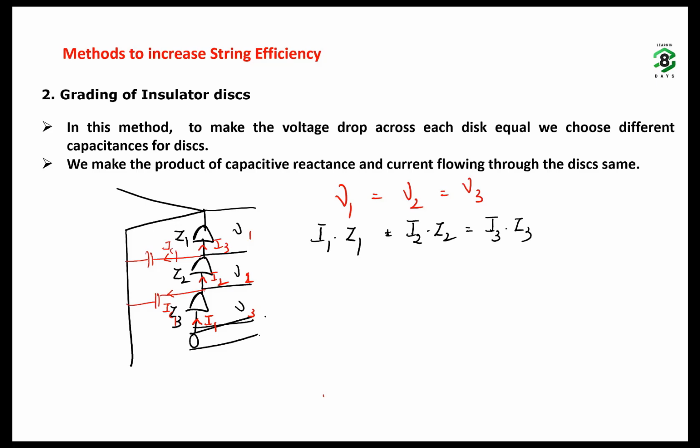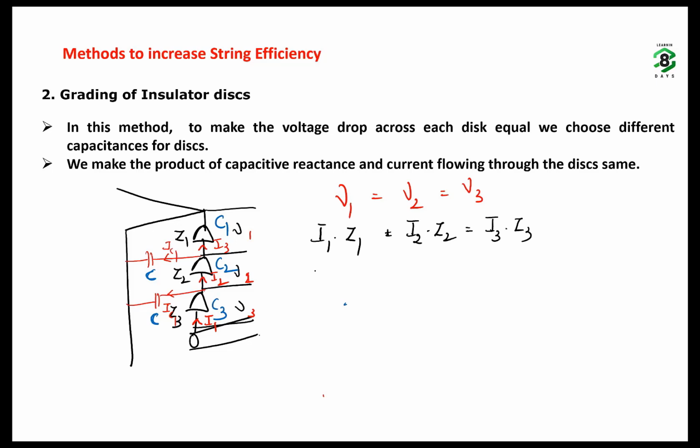Now, gentlemen, we are not using identical discs. We are using discs with different capacitances. Let us call the capacitance of each disc C1, C2, C3. C is the capacitance between the pin junction and the tower, the same notation, whereas these capacitances have changed, that is C1, C2 and C3.